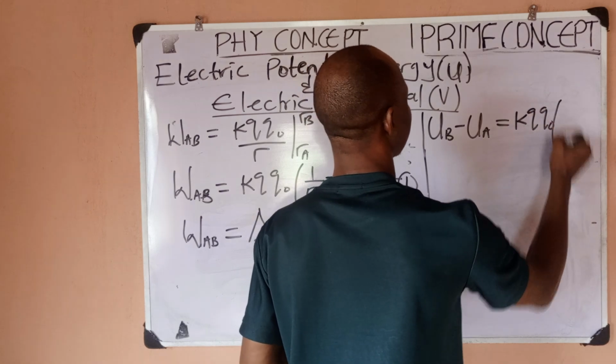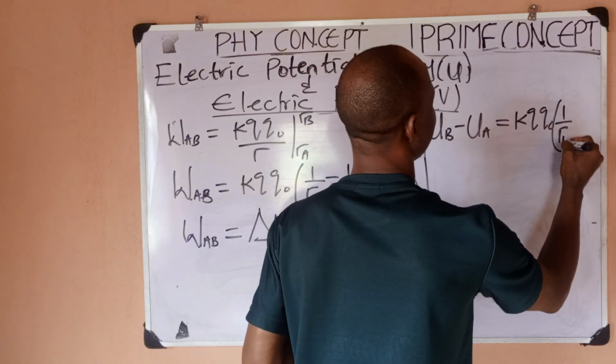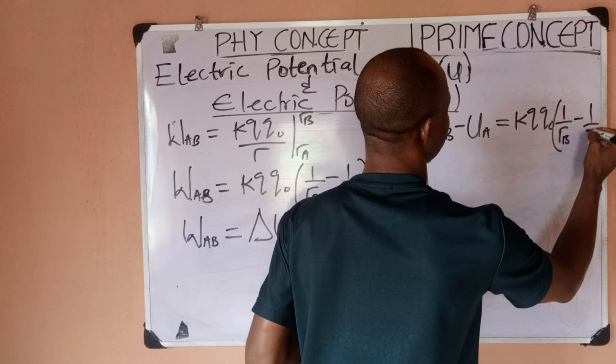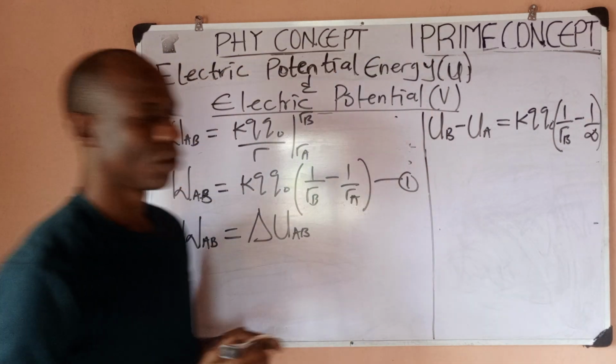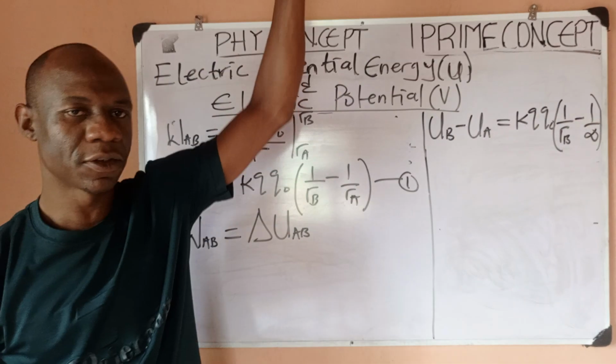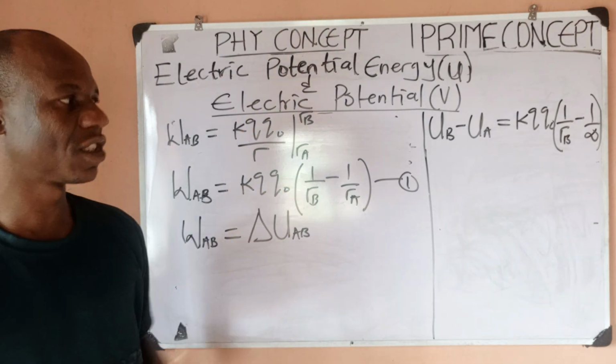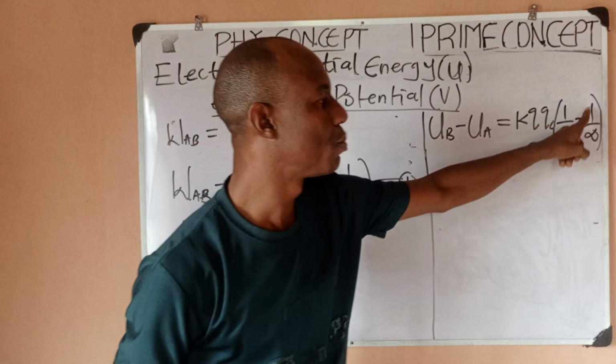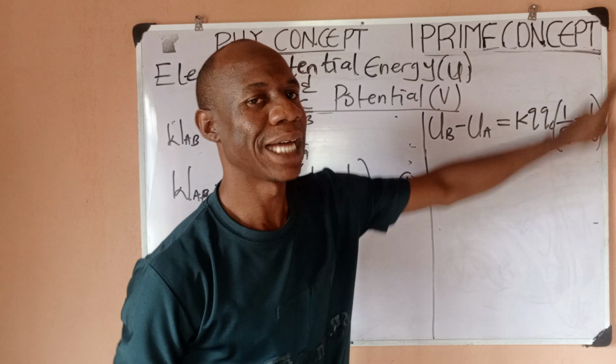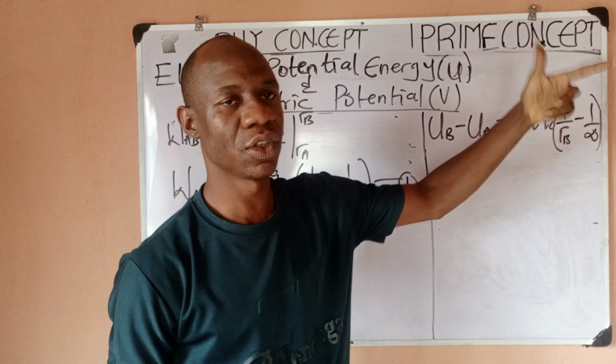KQQ naught into 1 by RB minus 1 by infinity. So remember, we're moving it from a far point, infinity, to a point in the field, which is point B. So it means that the potential energy at infinity, which is UA, is going to be 0.